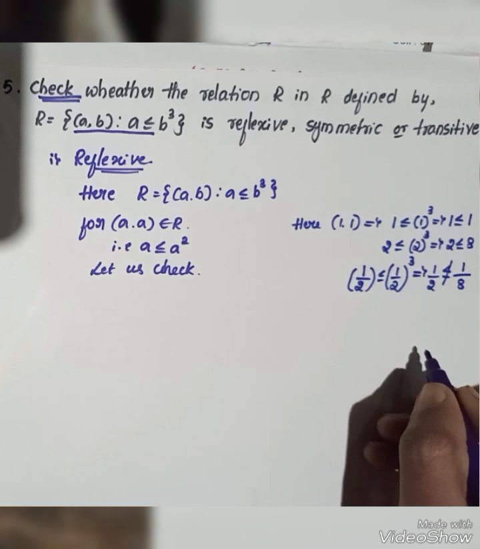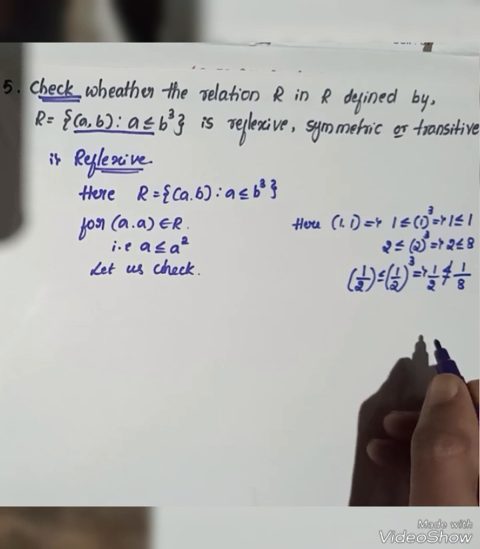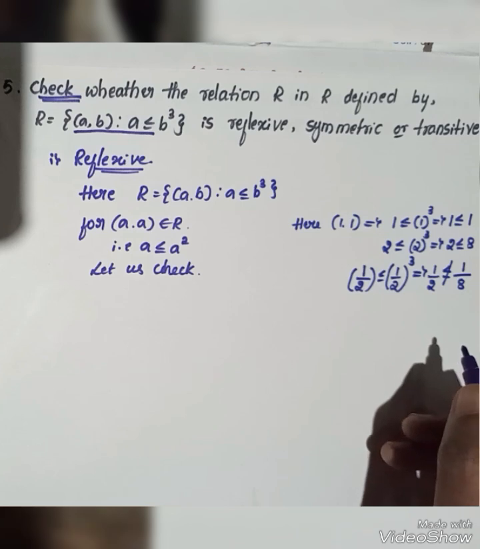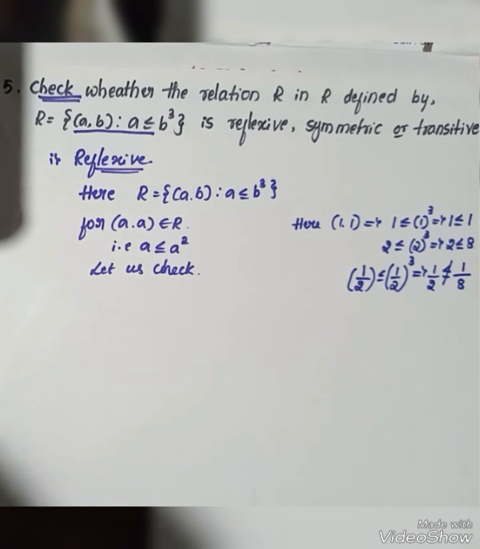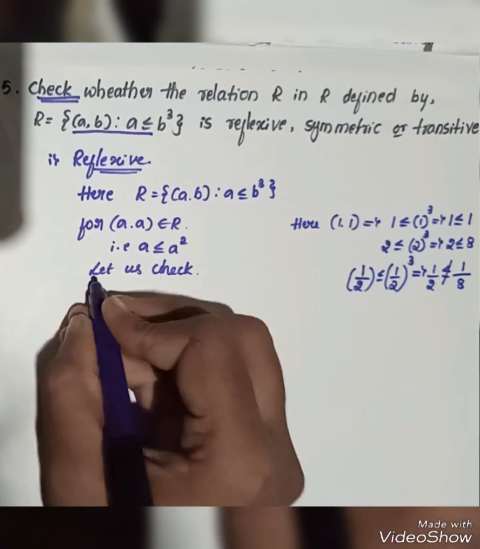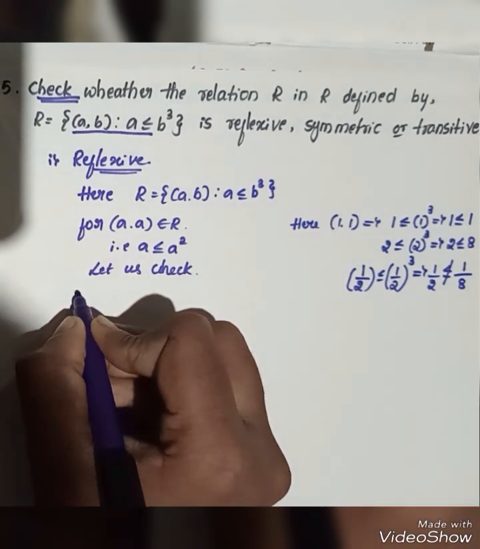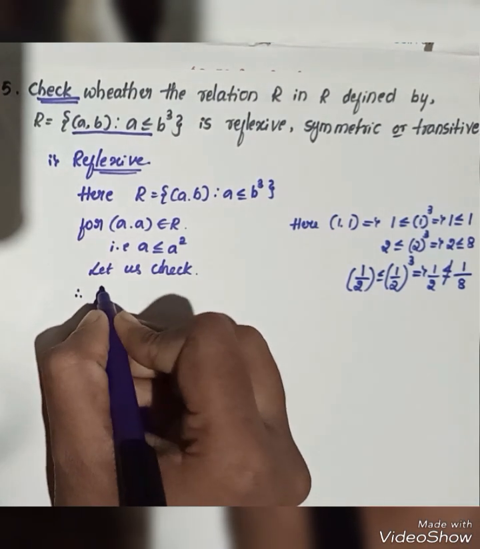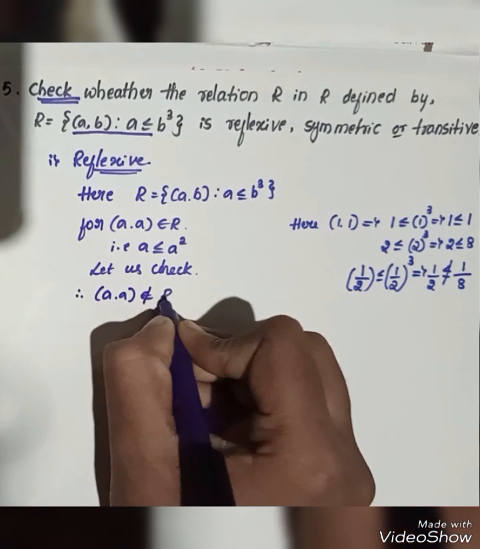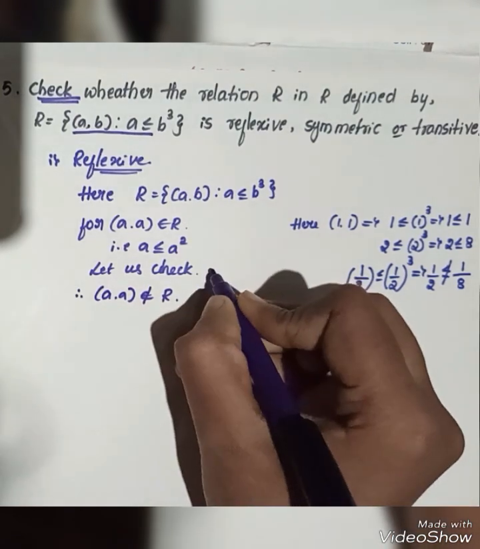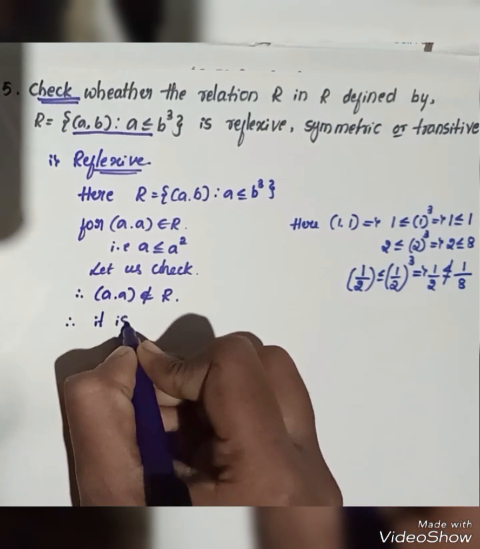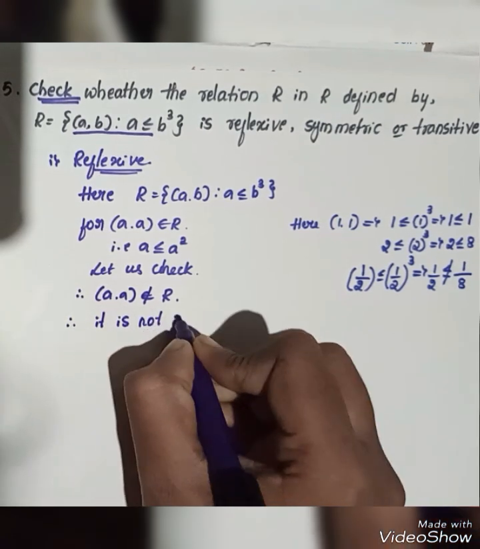Because 1 by 2 value becomes 0.5, and 1 by 8 value becomes 0.125. Therefore, (a, a) does not belong to R. Hence, it is not reflexive.